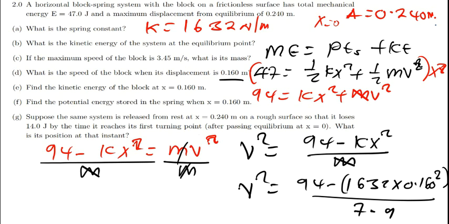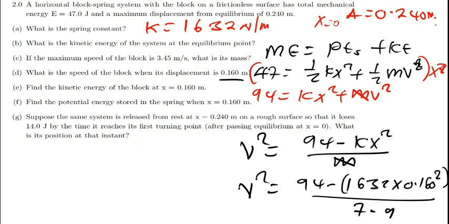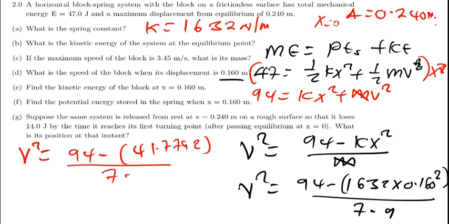Okay, now let's see what we're going to have. So I'm going to have v squared equal to 94 minus 1632 times 0.160, I square it. Okay, so I'm getting 41.7792. Then divide this by 7.9.